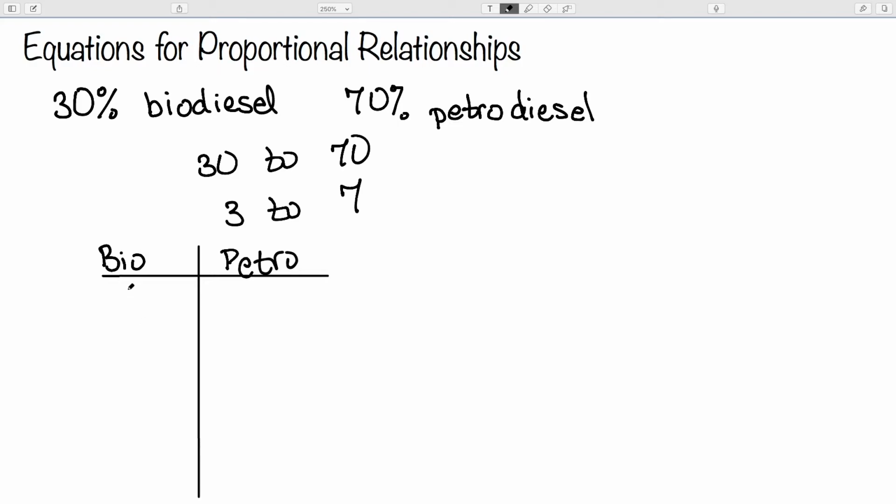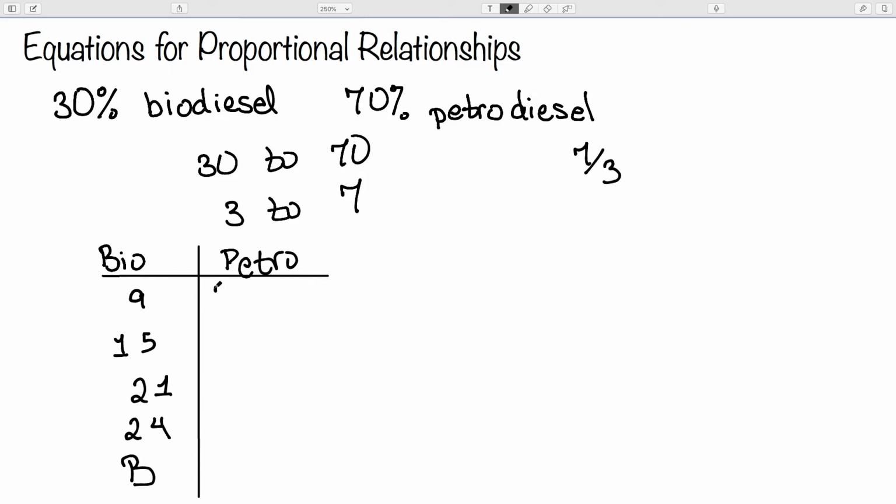So let's suppose I know some values for my biodiesel, such as 9, 15, 21, 24, and let's do some random amount B. Well, in order to find the petrodiesel, we can find our corresponding amount by using a constant of proportionality, or the value of the ratio, 7 over 3, as a multiplier.